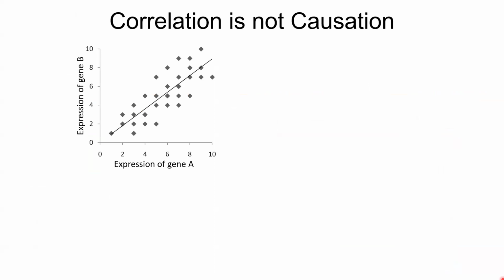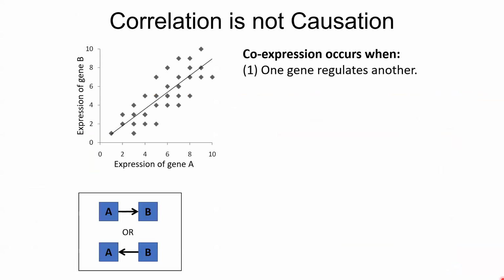Now, as we all know, correlation is not causation, right? So up here on the upper left, I've illustrated what the expression of gene A compared to the expression of gene B might look like in a very simple toy example. Now, this type of co-expression can occur when one gene regulates another. For example, A regulates B or B regulates A, and that was the underlying principle of many of the algorithms that you just saw.